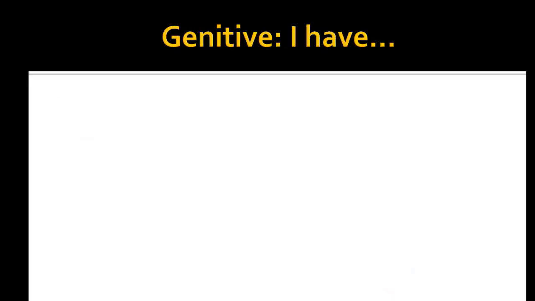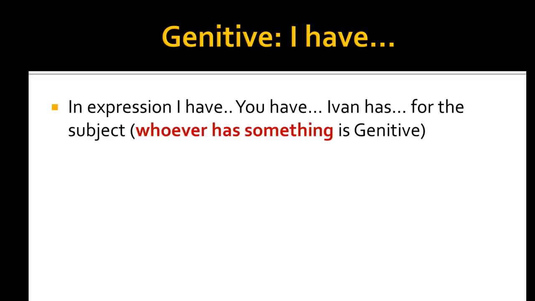The genitive case is also used in the expressions I have, you have, Ivan has, again to signify somebody who has something. Note that unlike in English, the person who has something is in genitive. For example, in English you say, I have a brother, Vadim.